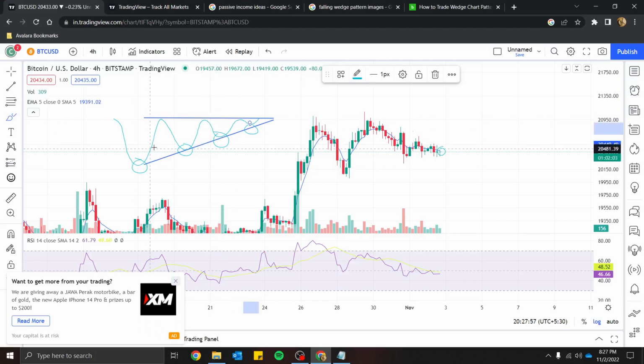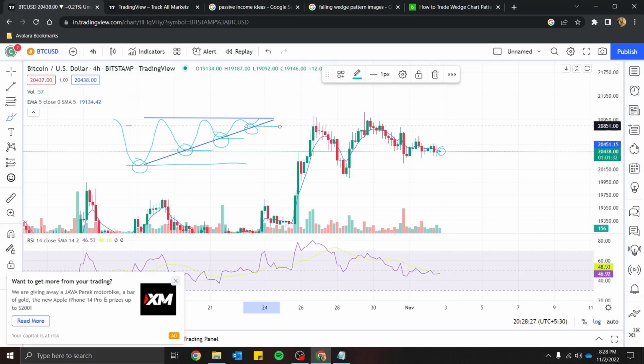As you can see, the buyers are continuously taking the price in the upward direction. The first time buyers allowed the price to come up to this level, the second time buyers didn't allow price to go beneath this level, the third time buyers didn't allow price to go below this level, and the fourth time buyers are not allowing price to go below this level.